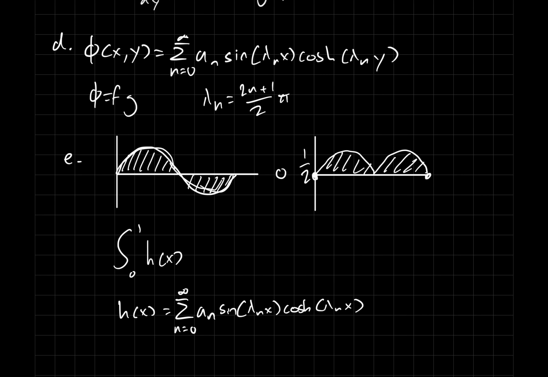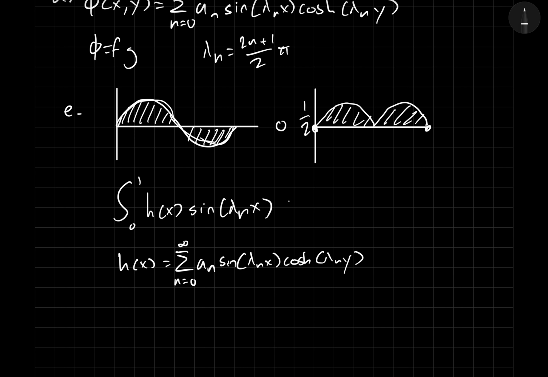Oh, let me get rid of this y. And if we're comparing to x, then we just need to compare to sine n x, or we're basically comparing it to the orthogonal basis of x.